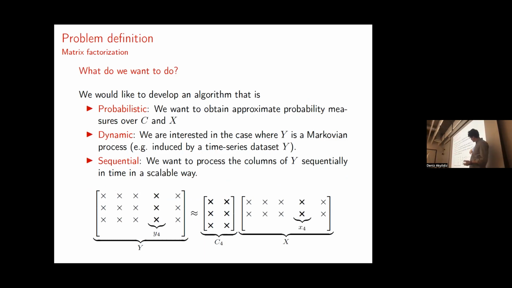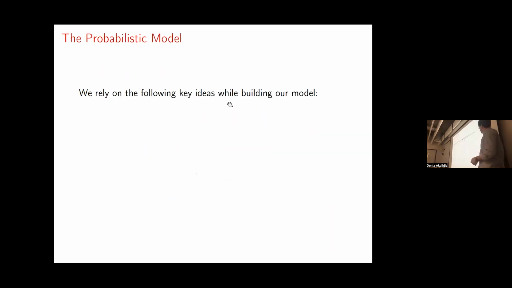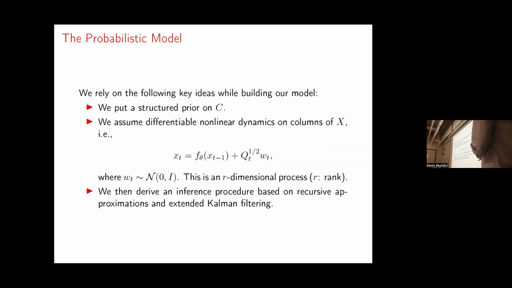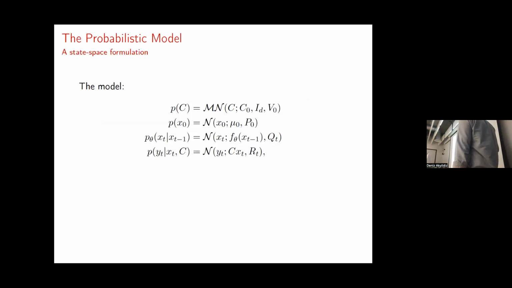Because if X is a Markov process and C is a matrix, then Y is going to be, there's one way to reduce the dimension and still learn the time structure. And as a result, I'm going to give the model, but the general idea is to exploit stuff like column fit, right? Because that's very well studied and it's quite stable.